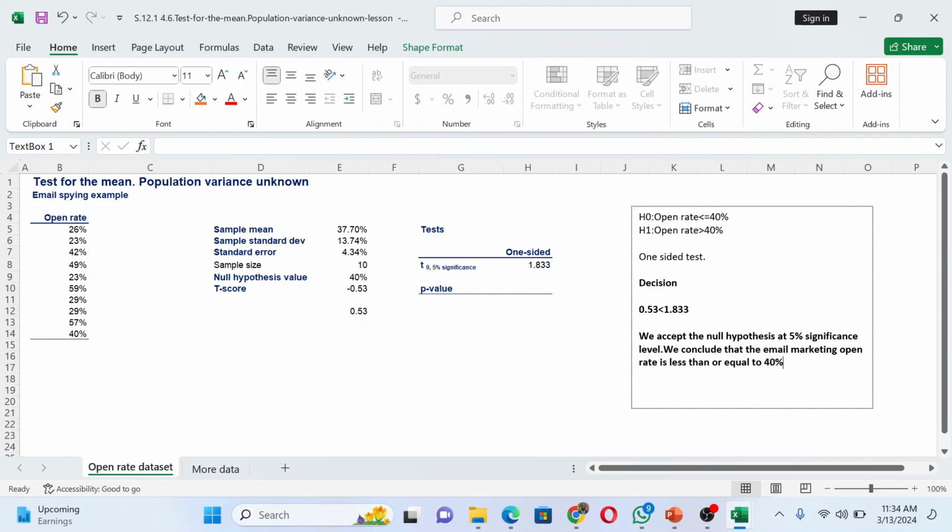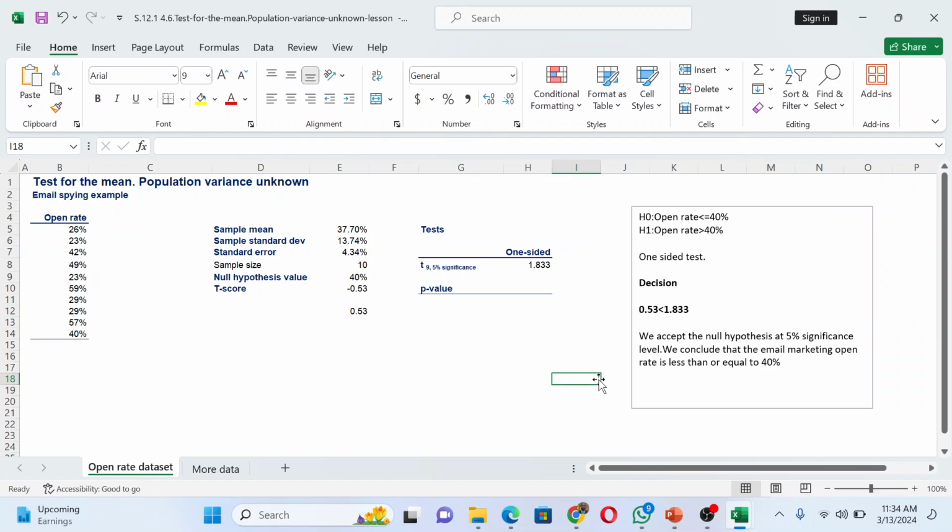So it means the manager was right. His claim was, like whatever you are trying to disprove as the marketing insights analyst, you are trying to confirm whether what he's saying is okay or not. So we accept the null hypothesis at 5% significance level. We conclude that the email marketing open rate is less than or equal to 40%.